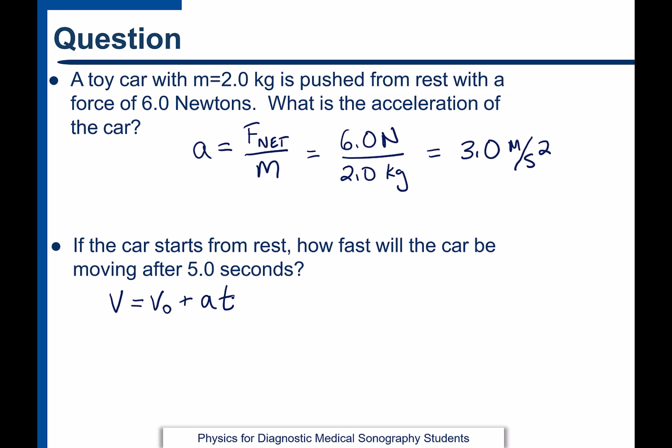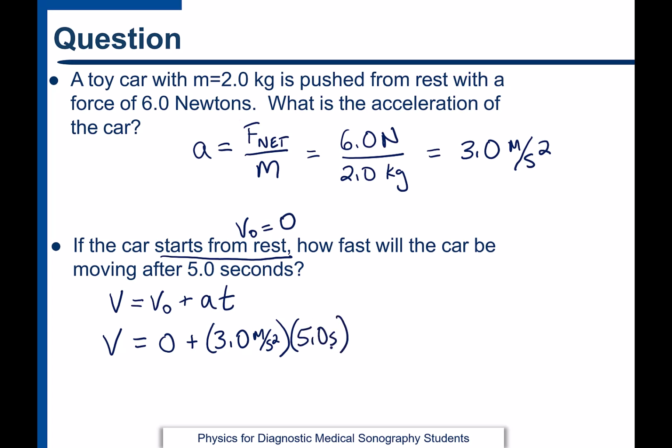Notice that it starts from rest, so v naught is equal to 0. So we get v is equal to 0 plus our acceleration, which is 3 meters per second squared, times that time of 5 seconds. That gives us a final velocity, v, of 15 meters per second.